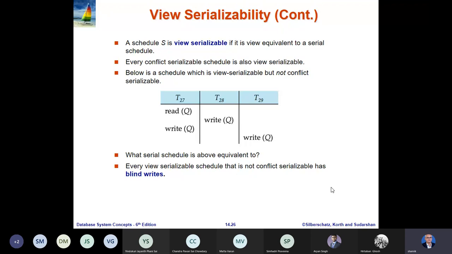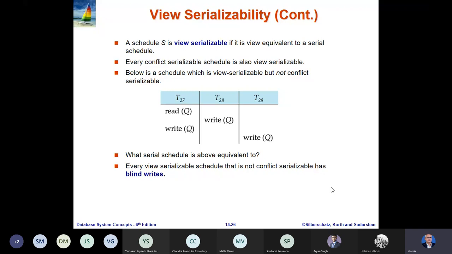So this is the symptom of schedules which do blind writes and are not conflict serializable. They are typically cases which are likely to be view serializable, because if T29 or T28 did some read Q, then you had a problem.